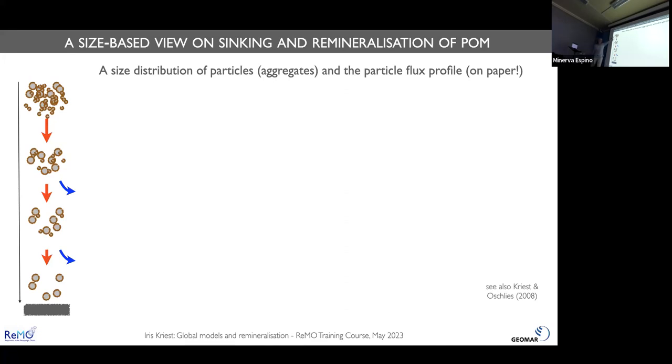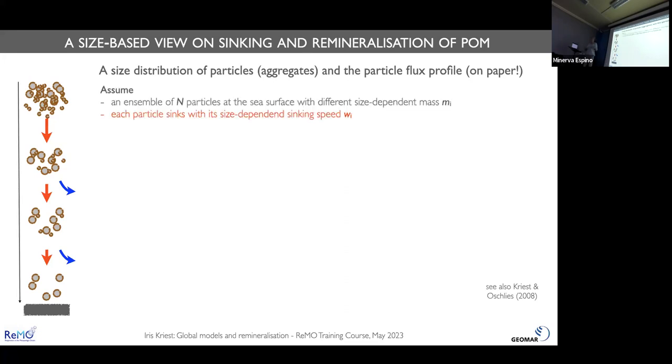So assume we have a size distribution of particles at the sea surface. An ensemble of n particles, they all have a different size-dependent mass m, and each particle sinks with its own size-dependent sinking speed, for example, according to the empirical parameterizations we get from aggregate observations.